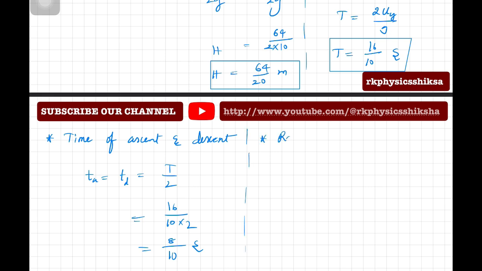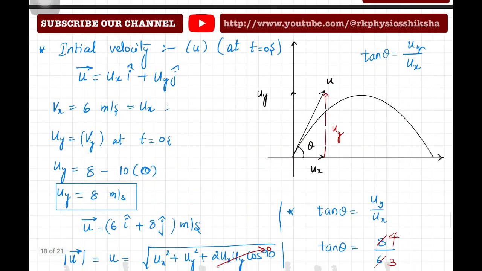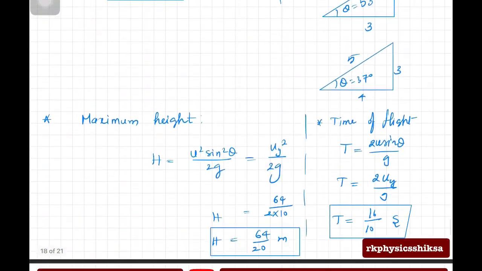Next thing is the range of the projectile. Range of the projectile is always known to us. Range is equal to horizontal component of velocity into total time. The horizontal component of velocity is ux, which is constant, and the ux we got in this question is 6 meter per second.